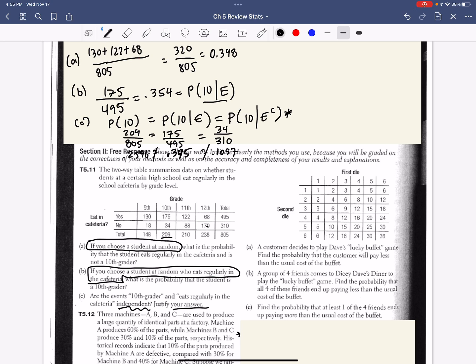So we notice here that being a 10th grader and eating in the cafeteria are not independent, because those probabilities are not equal to each other. These are different probabilities.